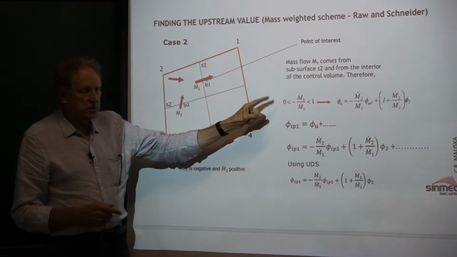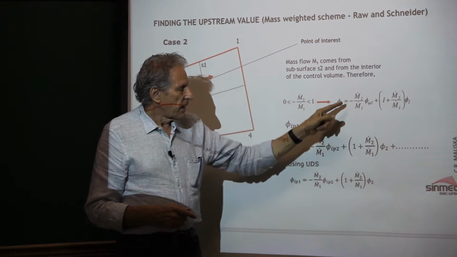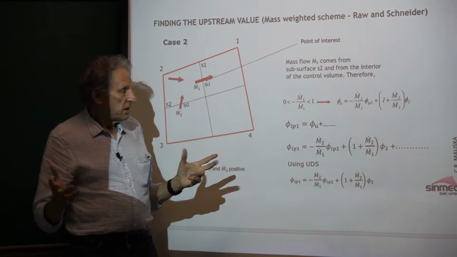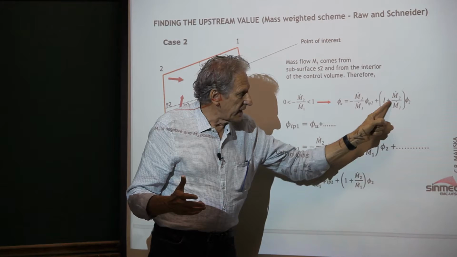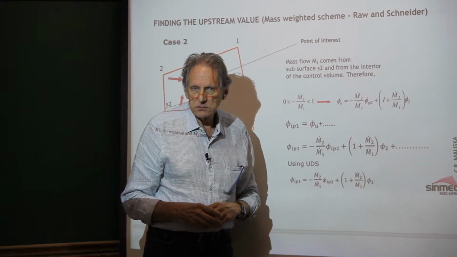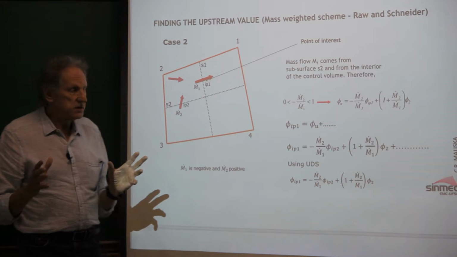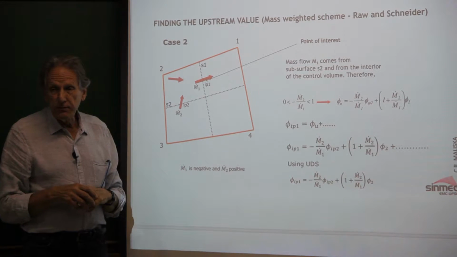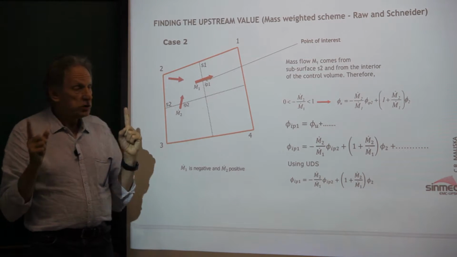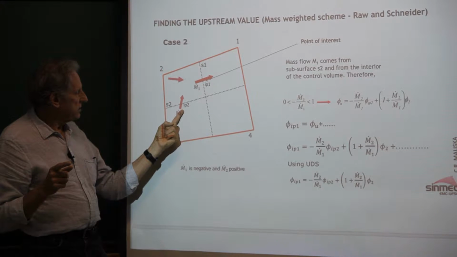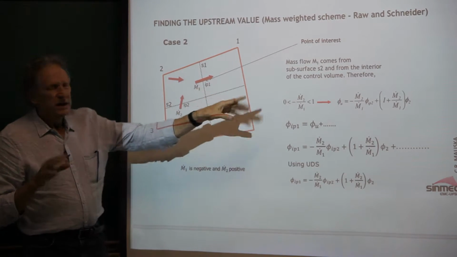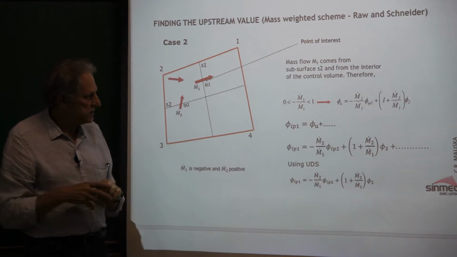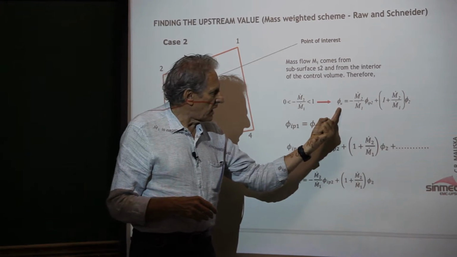Then you find the relation. Let's say if this relation is 0.3, by the way, then 1 minus that will be 0.7. So what's telling us is that the information which comes to integration point IP1 comes 30% from this point and 70% from this one, in this hypothetical relation 0.3, which I just mentioned. So this is the upstream.